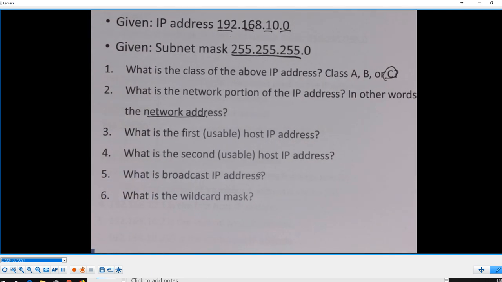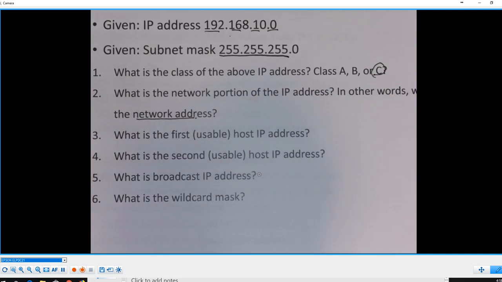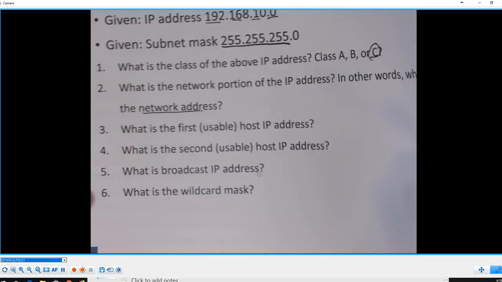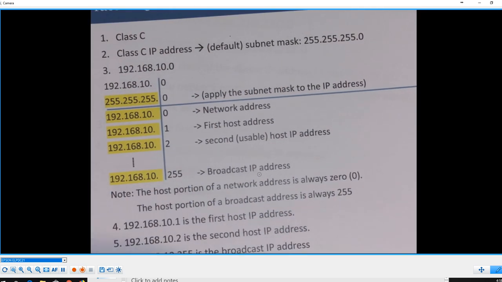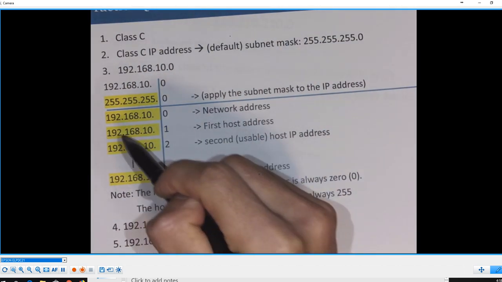The best way to solve this problem is to draw an IP table. If you look at the answer, the next page really shows it.